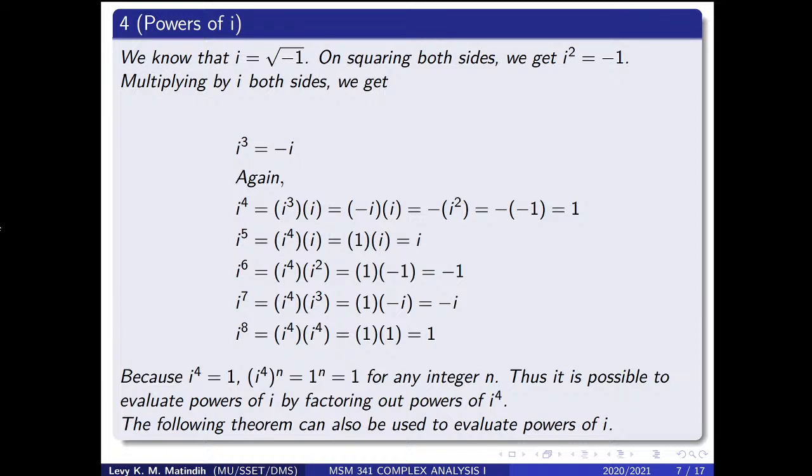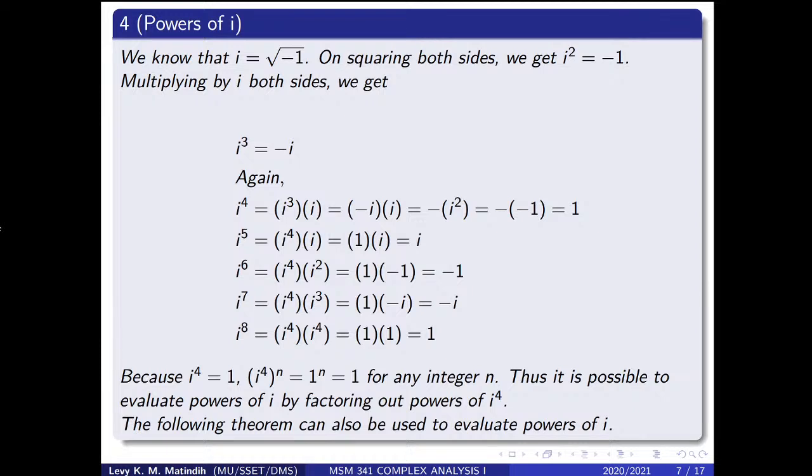So we get the cube of i, in short i to the power 3, which is equal to -i, because i squared times i, the bases are the same, so it will be i to the power 3. And -1 times i gives us -i. So what we are saying is the square of i is always equal to -1, and i to the power 3 is equal to -i.